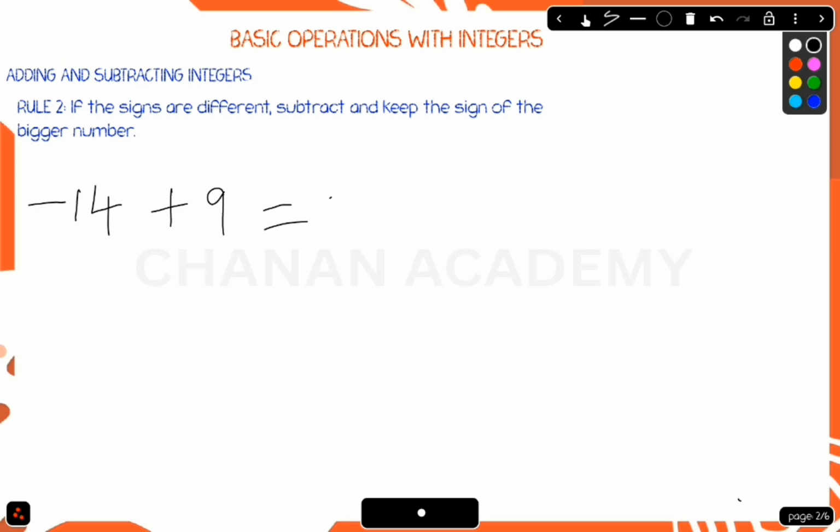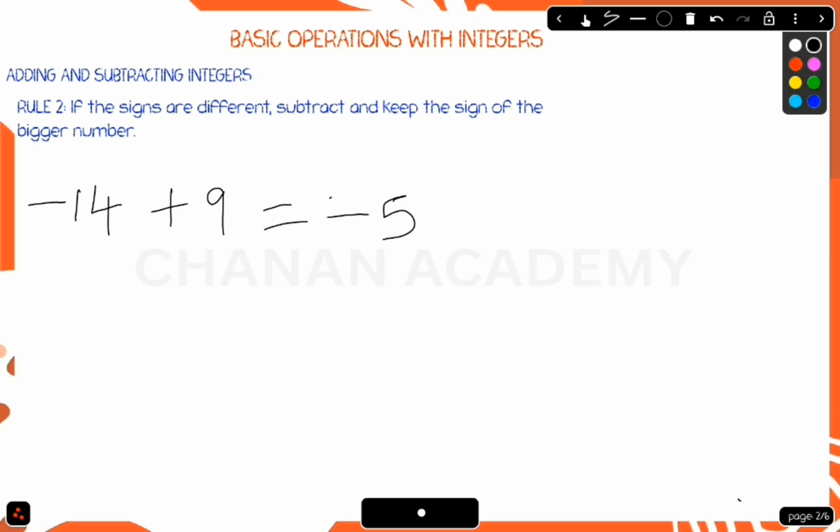Following the rule, if the signs are different, subtract and keep the sign of the bigger number. Of course, 14 is the bigger number here, and the sign that is owned by 14 is minus, so put minus. So what's the next step? It said subtract. So 14 - 9, the answer is 5. So the result is minus 5.